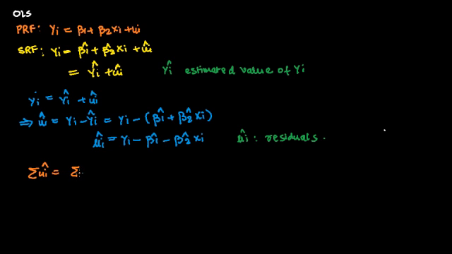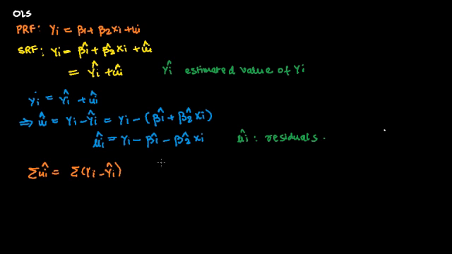That is, summation of yi minus yi hat is 0, or it is as small as possible. Well, there is actually some problem with these kinds of criteria.